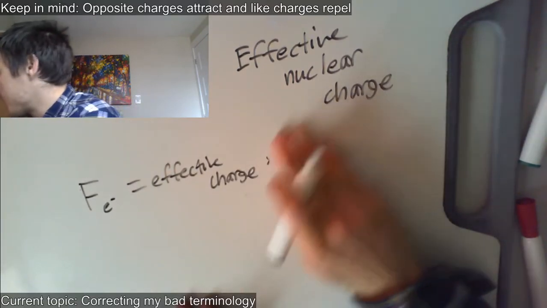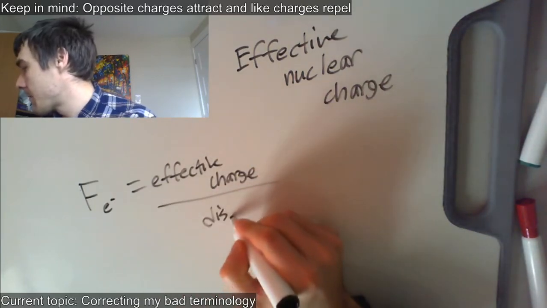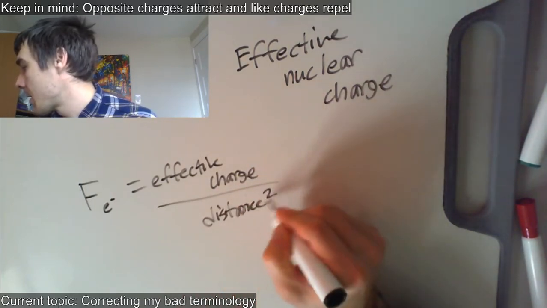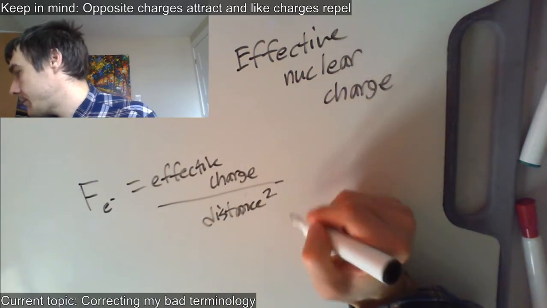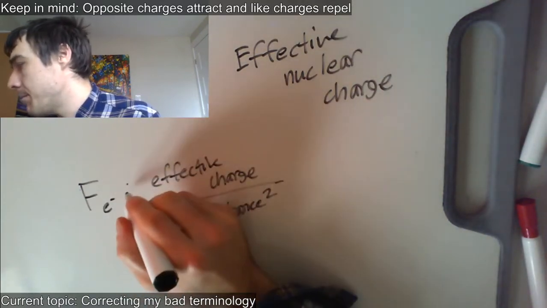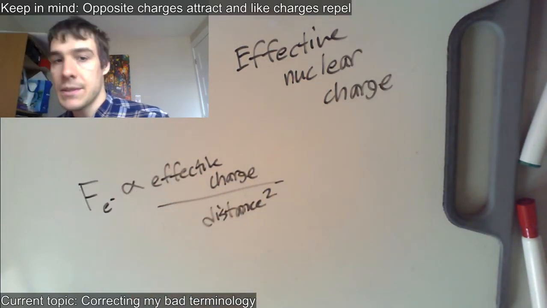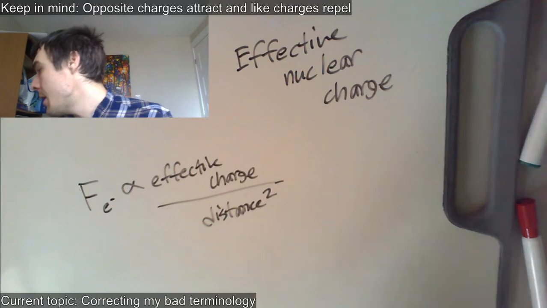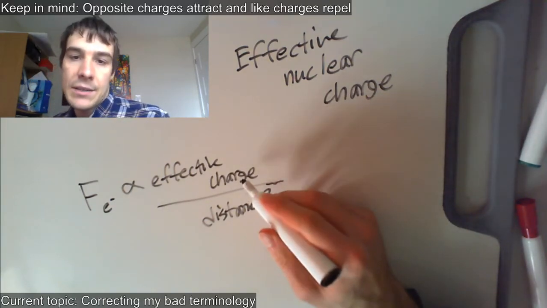Sorry, not times the distance squared, that would be wrong, since that means it goes up with distance. It's divided by distance squared. Proportional to, not equal to, but proportional to. There's other stuff to go into there, but distance is not actually part of effective charge.